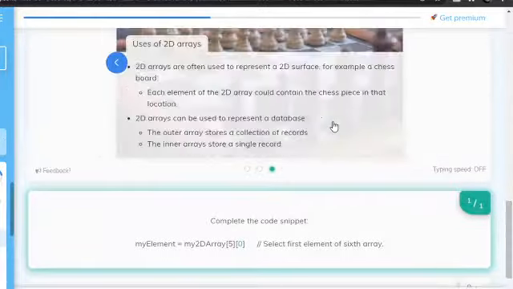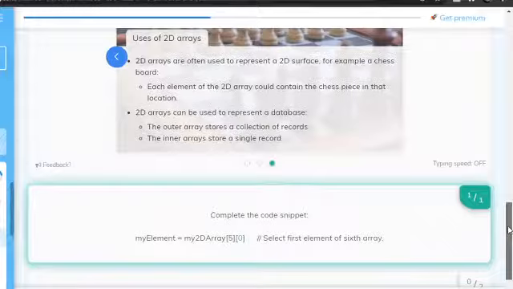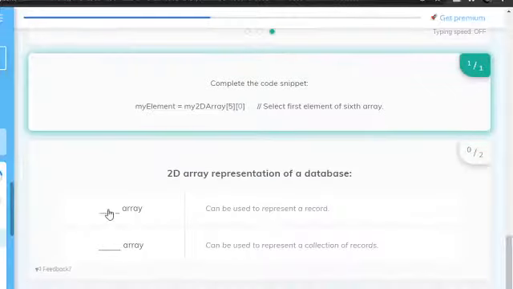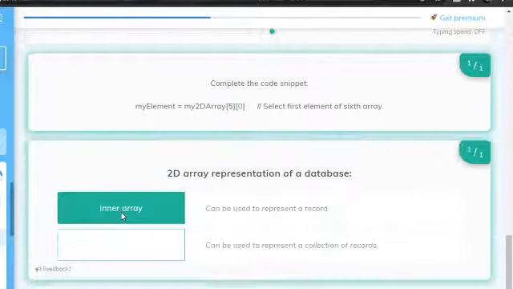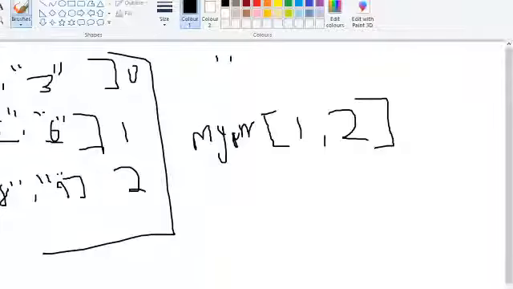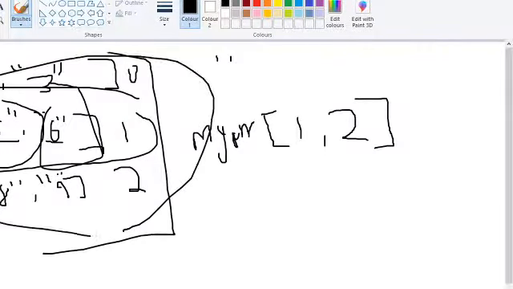Oh, outer and inner array. So can be used to represent a record is the inner array, and can be used to represent a collection is the outer array. The inner array would be these parts, this array, while the outer array is the whole thing.